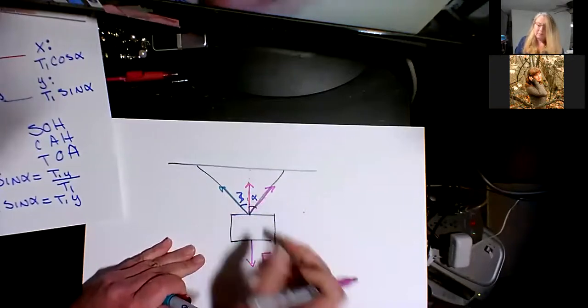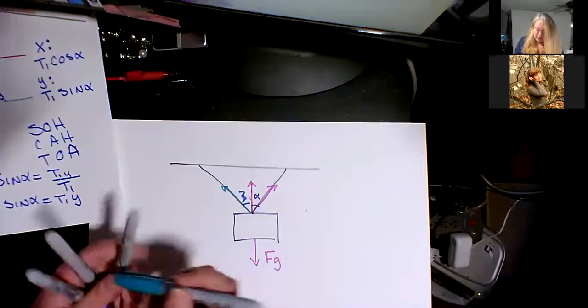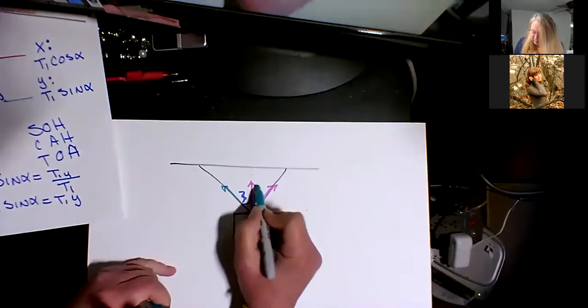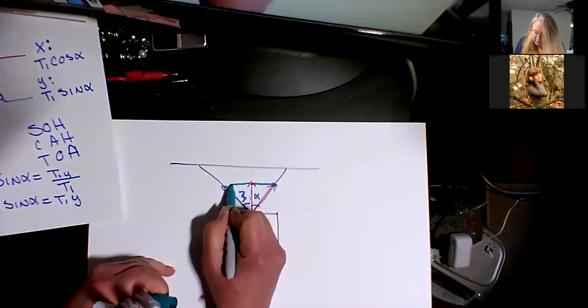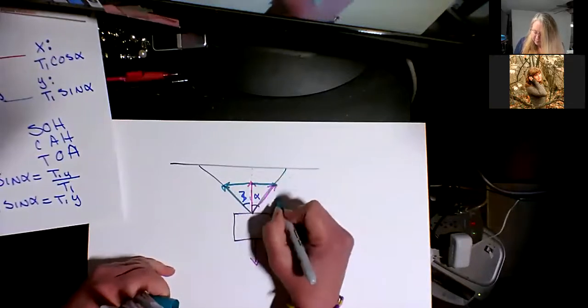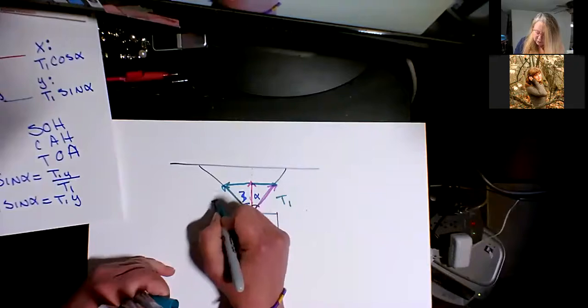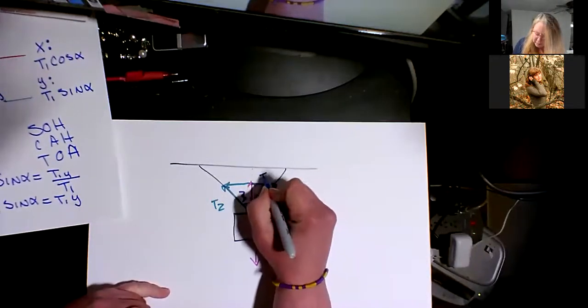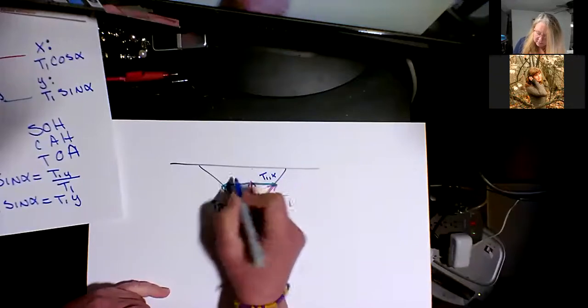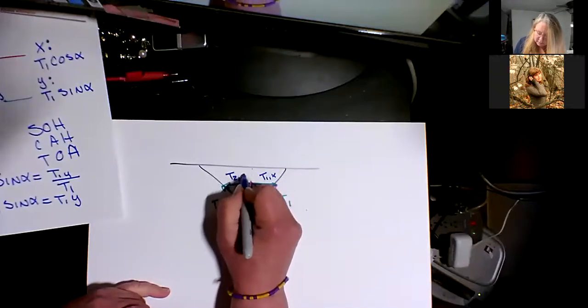They're both in the same spot. And my x piece then is coming out like this and coming out like this. So if I call this tension 1 and tension 2, then this is tension 1 in the x, and this is tension 2 in the x.